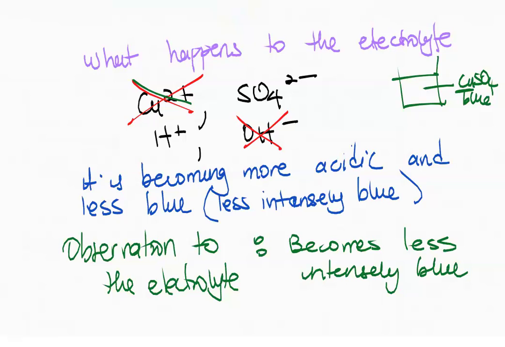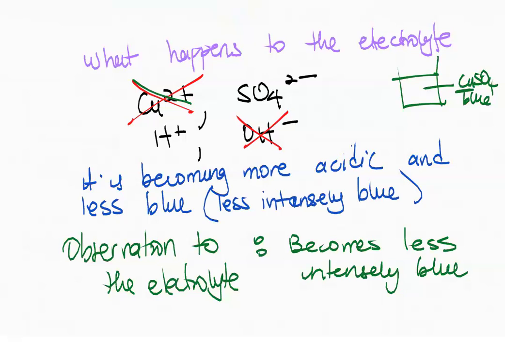So if we take the copper out, it's no longer there. This solution is going to become less intensely blue, or it appears faded. Is this okay? All right. Can we move on?